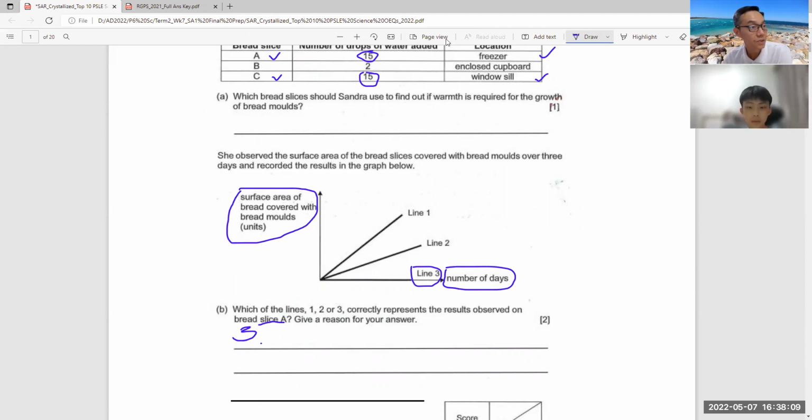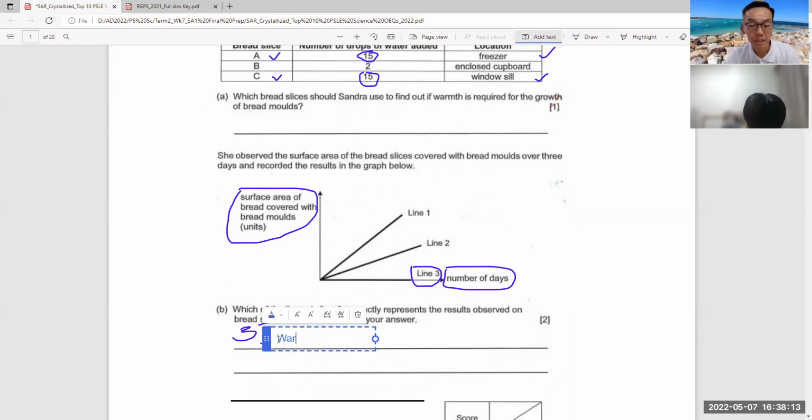In simpler terms, warm is not present in the freezer for mold to grow.